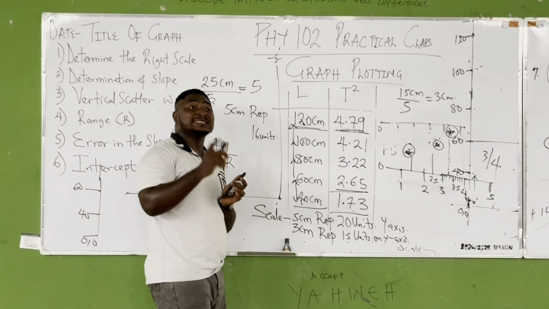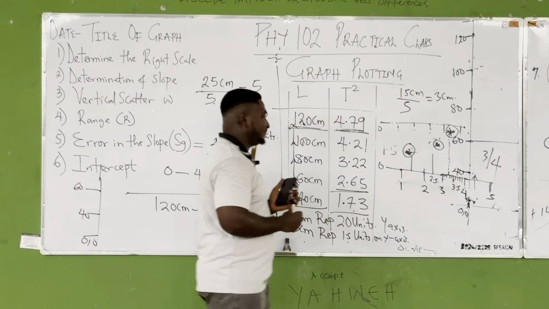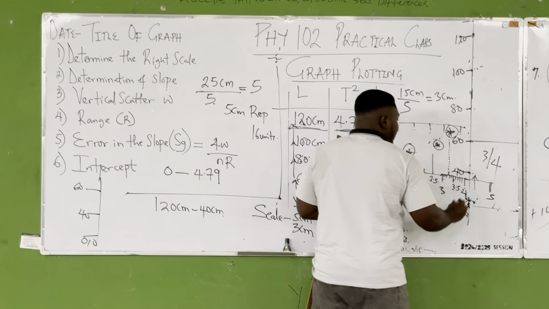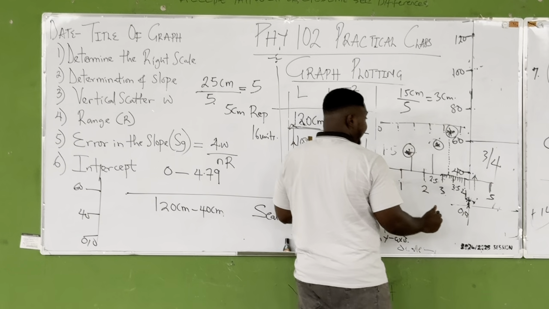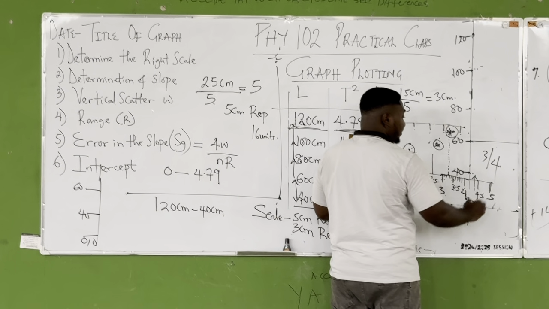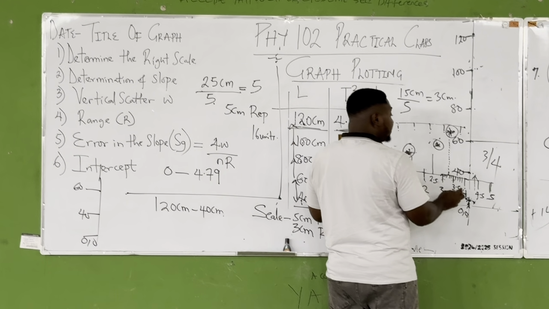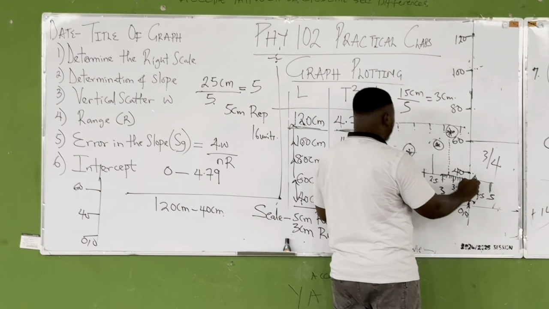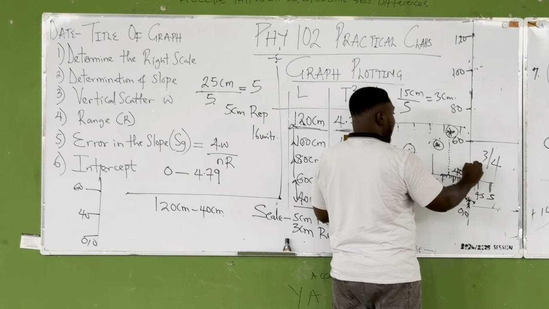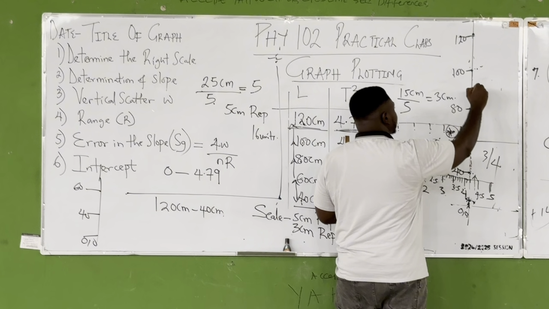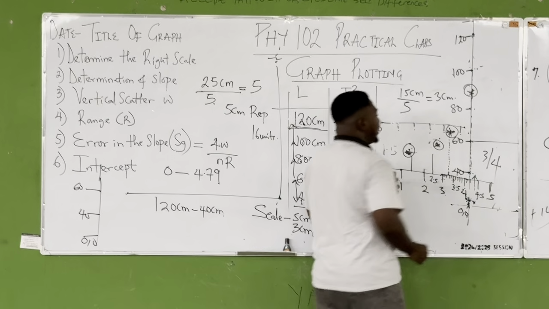I'll tell you how our vertical scatter comes about. Follow me. What's the next one? 4.21. If this is 4 and this is 5, 4.21 must be between 4.0 and 4.5, right? 4.1, 4.2, 4.21, somewhere here.